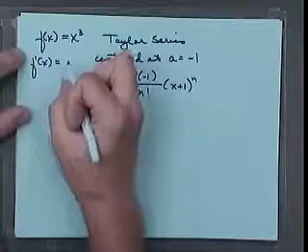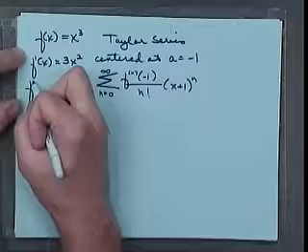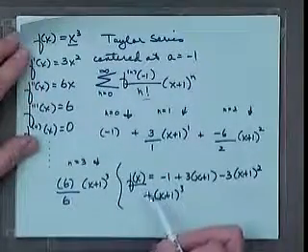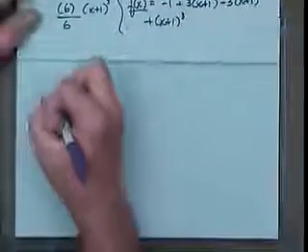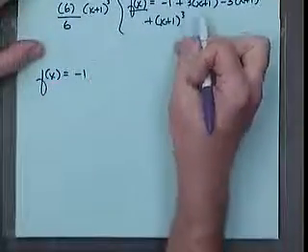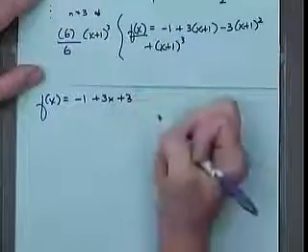So the first derivative is 3x squared. I think it's probably worth looking at to see that it really is just x cubed on the right side. So we've got a negative 1. We've got 3 times that, so that'd be 3x plus 3.